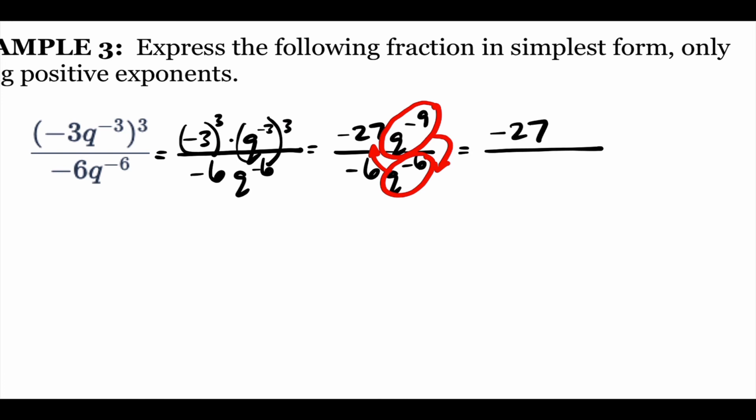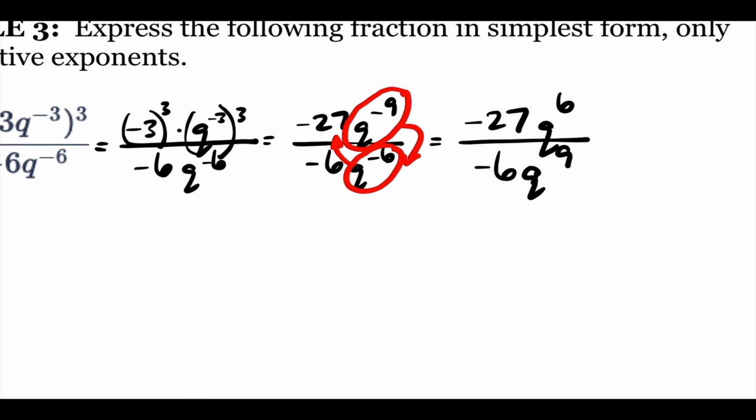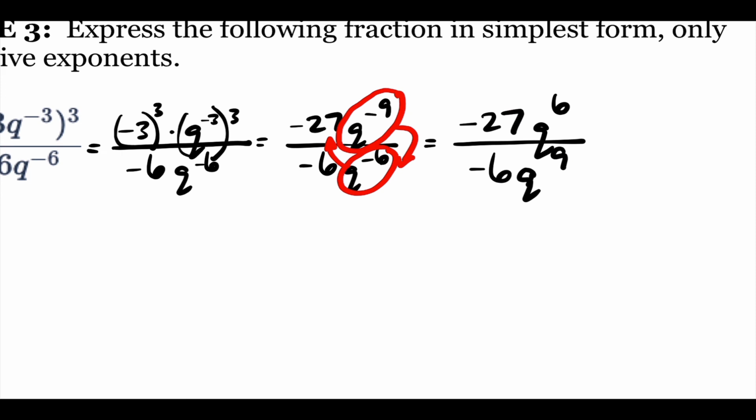So now instead of q to the 9th, I have q to the 6th. And negative 6 stays on the bottom. And instead of q to the negative 6, I have q to the positive 9 because it went down. So they just switch spots.